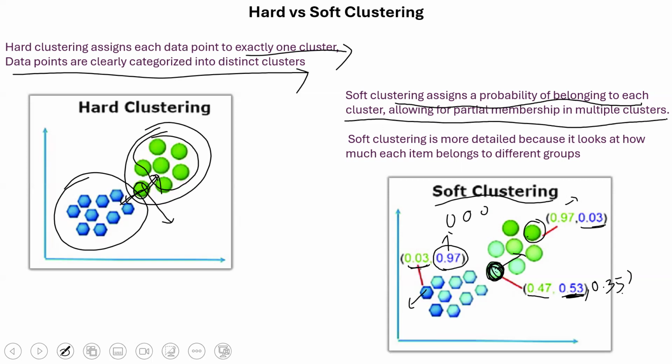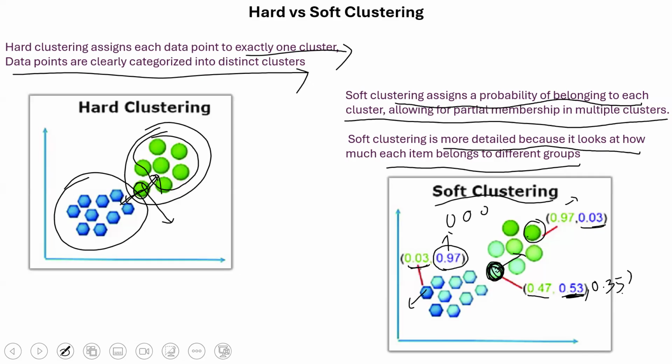So you're allowing this to be a partial member in multiple clusters, whereas in hard clustering, you're hardly assigning that to one specific cluster. Soft clustering is more detailed because it looks at how much each item belongs to different groups. It looks at this point belonging to different clusters. It gives more detailed data about a specific point.